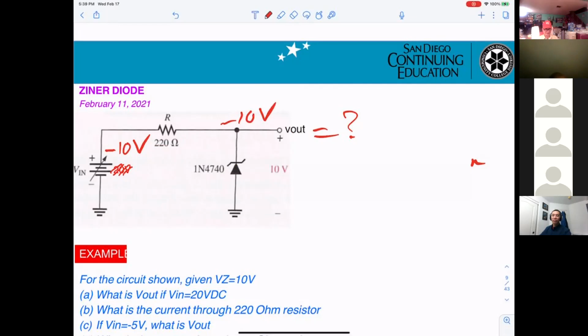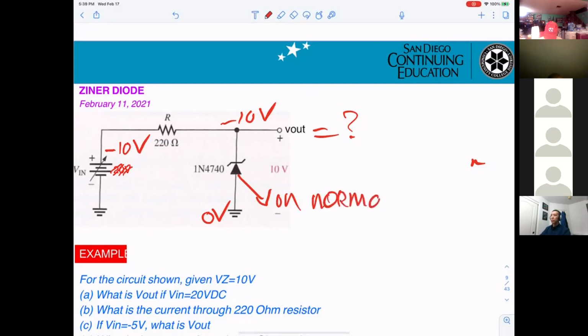No. So the signal now is working like normal. This side will be 0, and minus 10. The diode will be on. Normal.